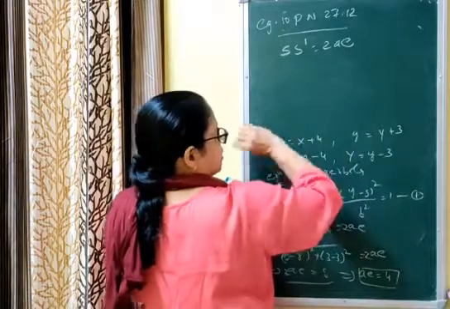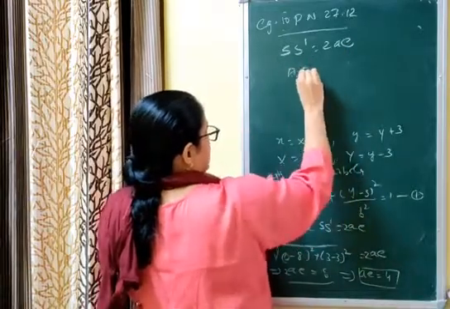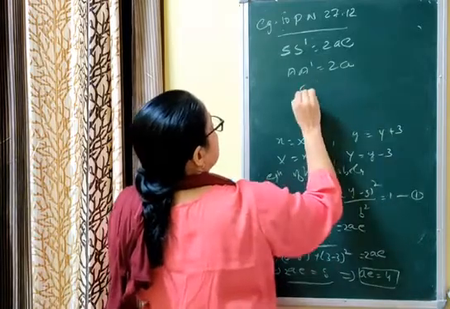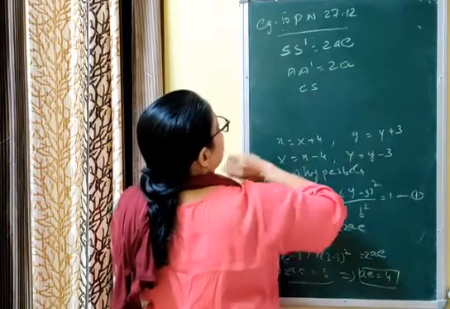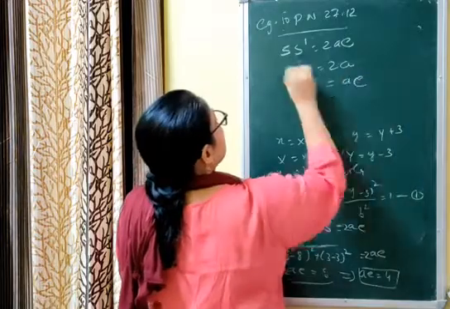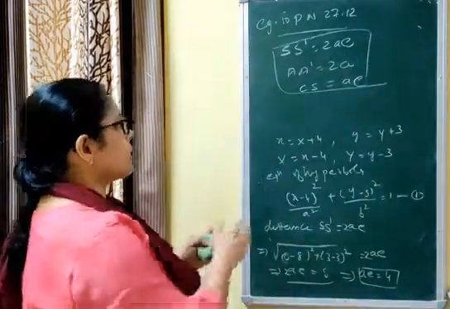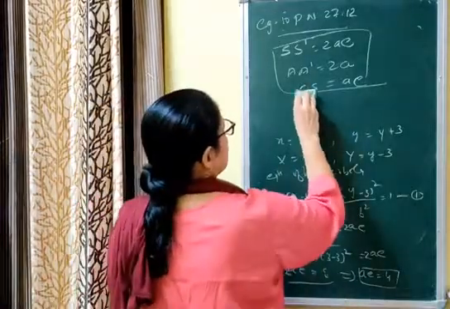If the transverse axis is the x-axis, the distance between two vertices A A dash is equal to 2a. Distance between the center and one focus is AE. You have to remember all these formulas: S S dash is 2AE, A A dash is 2A, CS, where C is the center and S the focus, is AE.